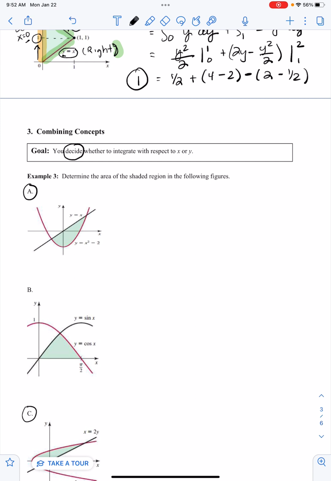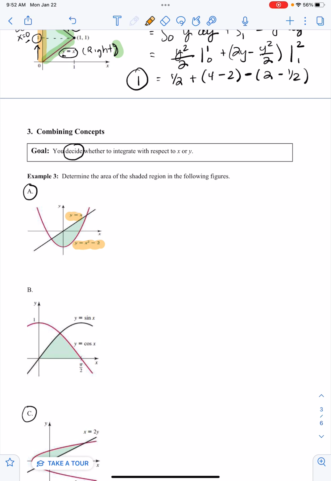So since the pictures are drawn for us, a lot of times you can get some good hints of how they want you to do this based on how they're writing the formulas. So here we have the formula y equals x and y equals x squared minus 2. So since these are formulas y all about x, they may want us to do integration with respect to x.